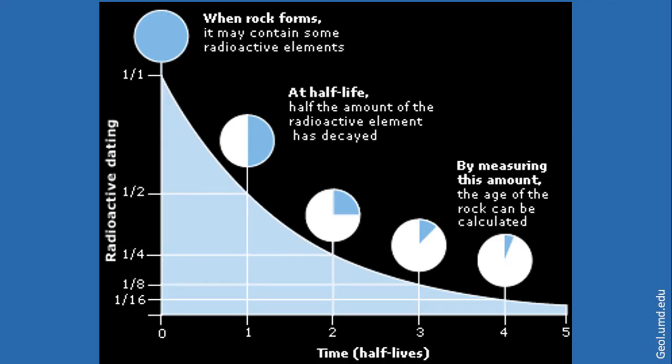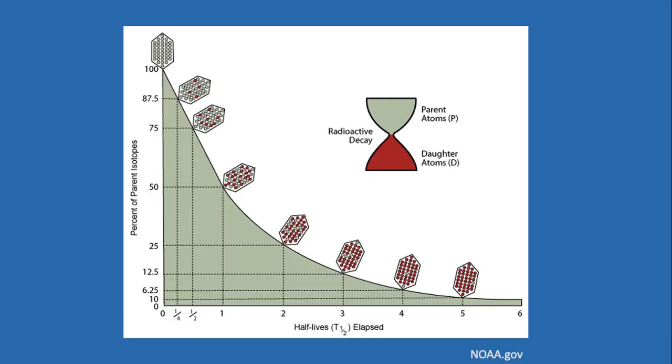So when the rock forms, once again, 100% of the radioactive elements are parent atoms. And then after a half-life, you have 50-50, two half-lives, 25-75. And you can calculate the age of the rock this way by looking at the ratio of parent atoms to daughter atoms.